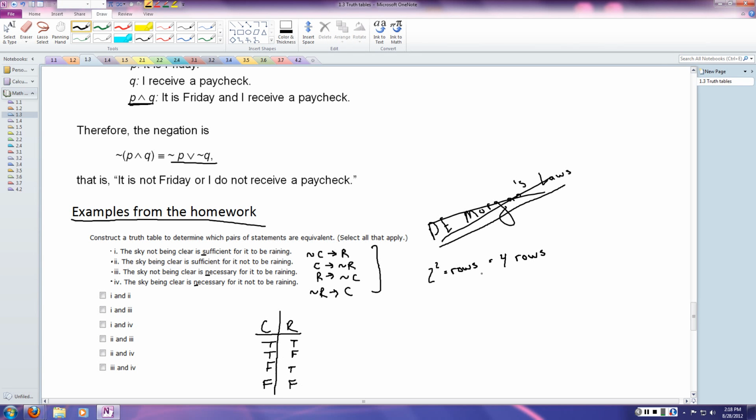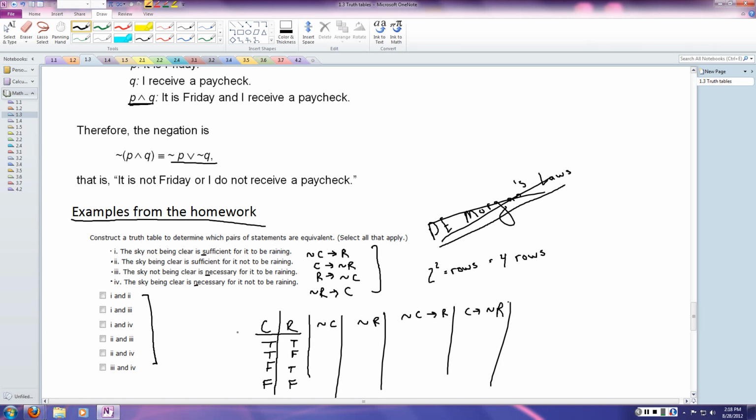So there's 4 different combinations for C and R. Then you would need a not C, and you would need a not R, and then you would need the conditions not C implies R, C implies not R, and then two of the columns are going to match up and the other two columns are going to match up, and then you can make conclusions about which are equivalent. So sorry for the misunderstanding about De Morgan's laws. Since they're all conditionals, you can't apply De Morgan's laws there, so you have to draw a truth table.